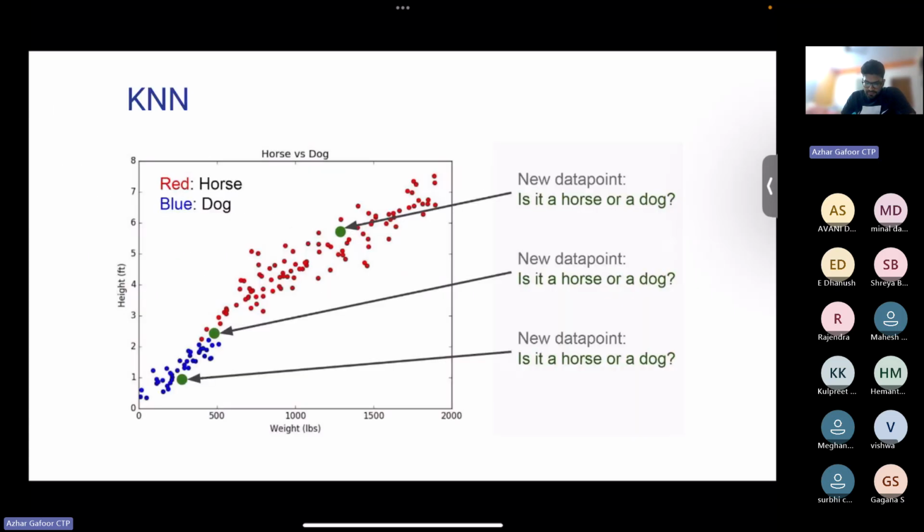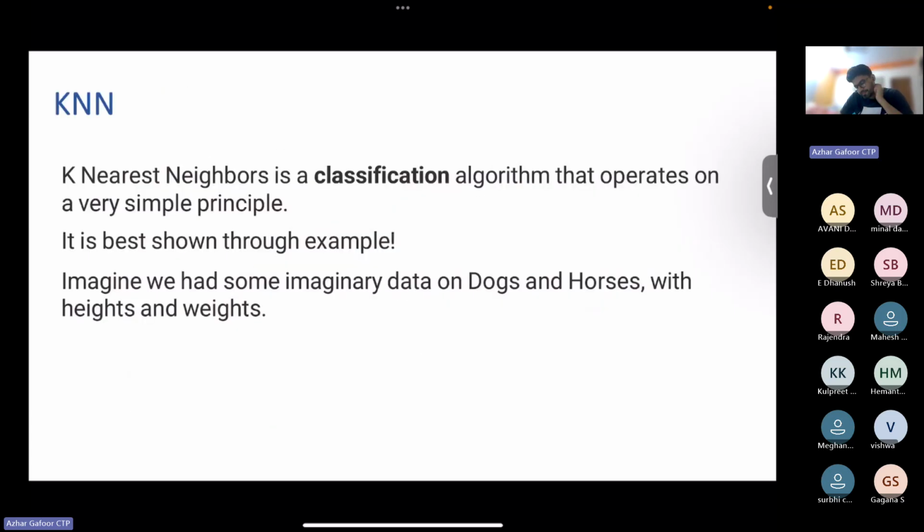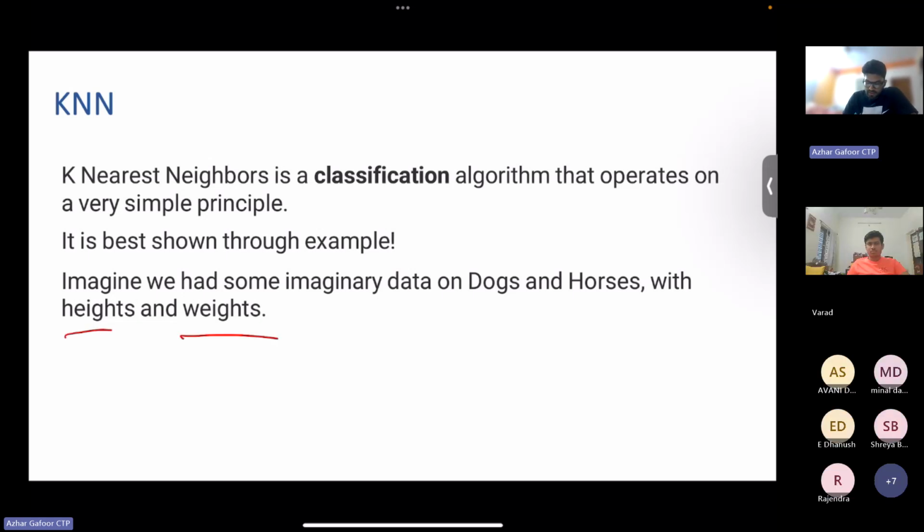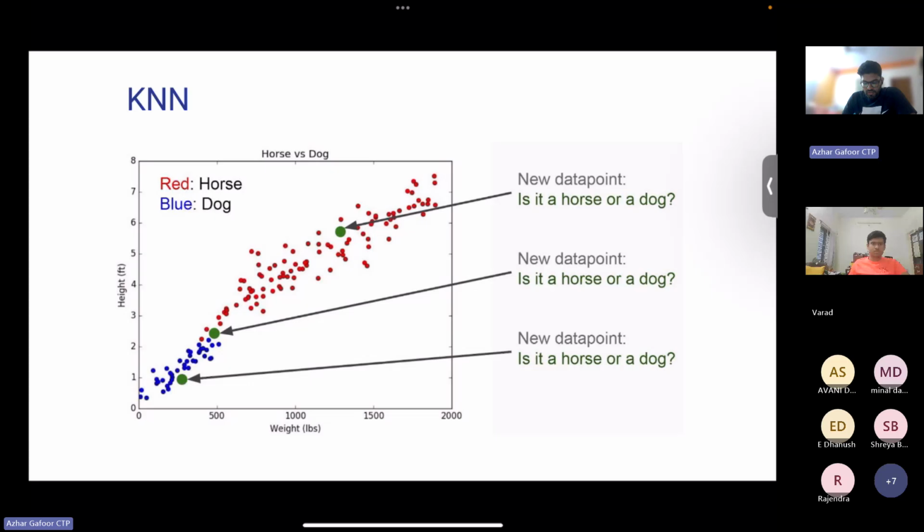So for example, imagine we have imaginary data on dogs and horses, with two features, heights and weights. So it will have a two-dimensional feature space. This is how the dogs and horses will be placed in the feature space.